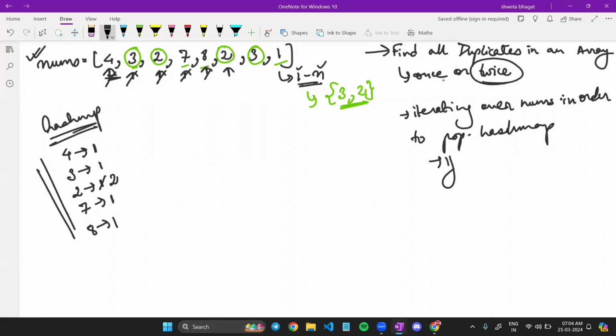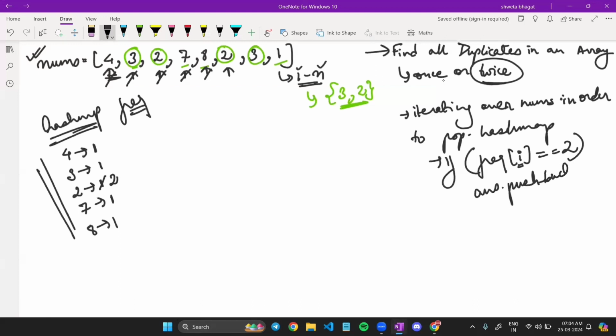Let's say the name of the hash map is frequency. If frequency of any element, where i represents the current element, becomes equal to 2, in that case we'll take a vector. Let's say the vector is answer. So we'll say answer dot push_back i, correct?